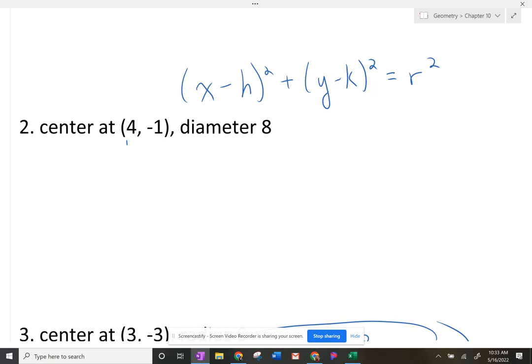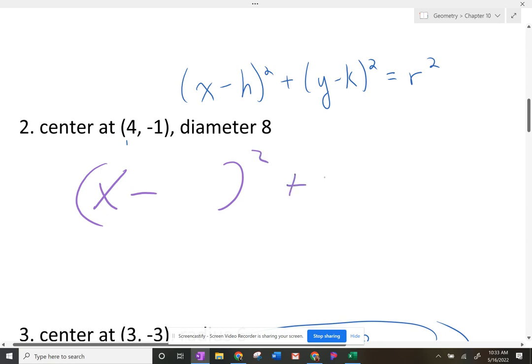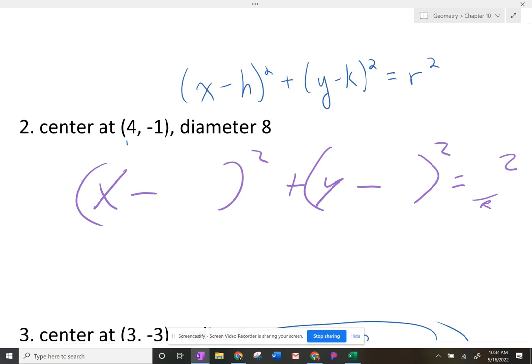No matter what, you will write it as x minus something squared plus y minus something squared equals the radius squared. We have a little r right there. So my very first value, the value for x, what number do I have?